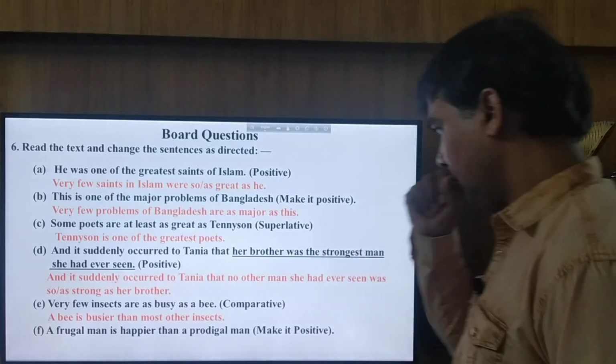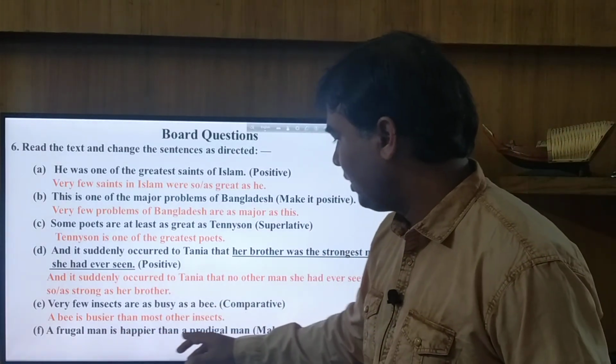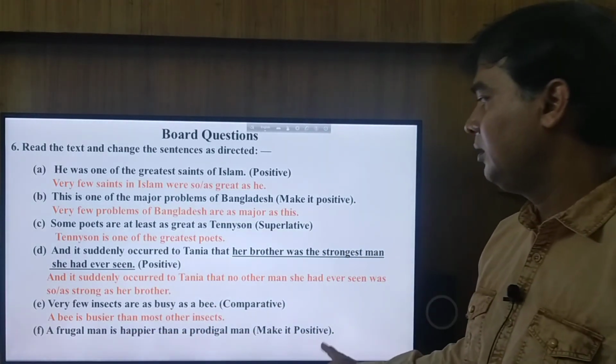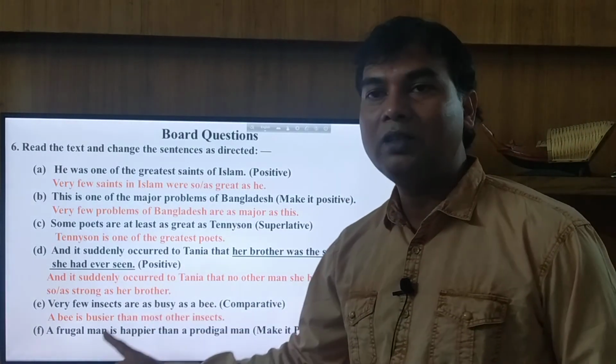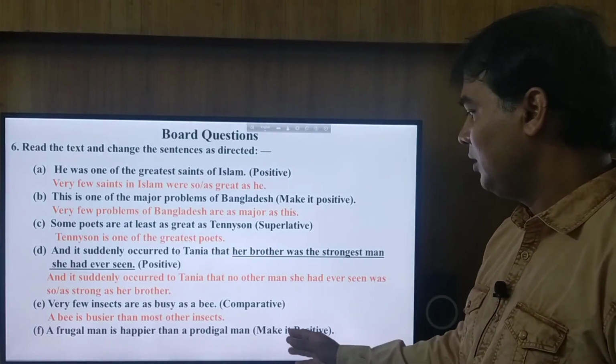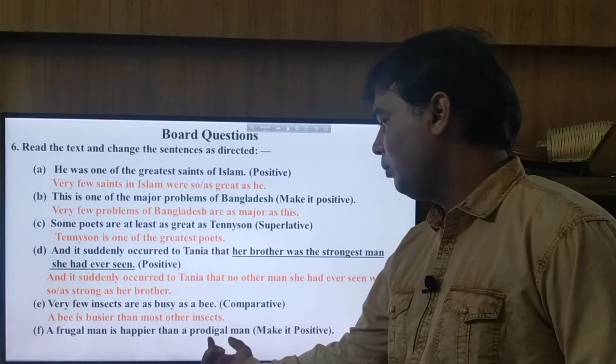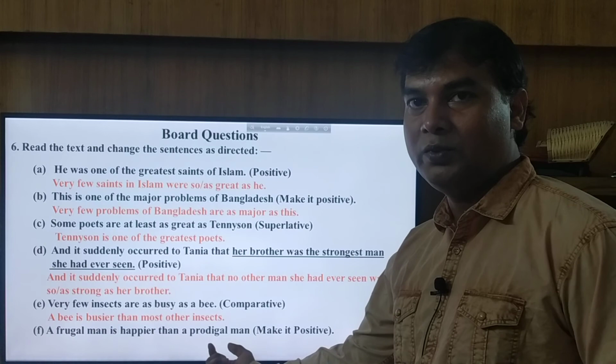And now the last one. A frugal man is happier than a prodigal man. Make it positive. Here you see, this is a comparison with one person. So in that case, you have to write down the comparable person or object.